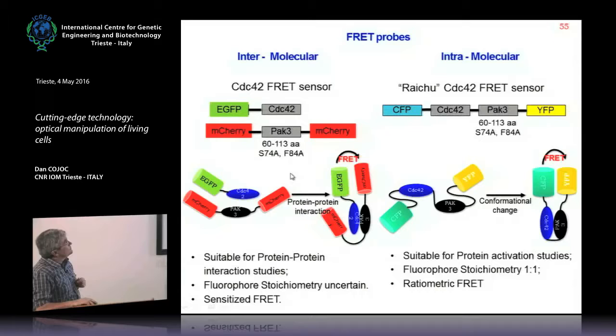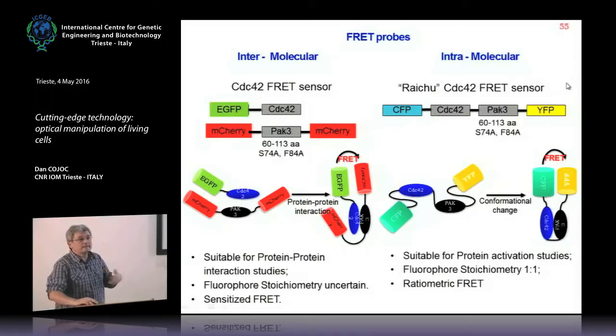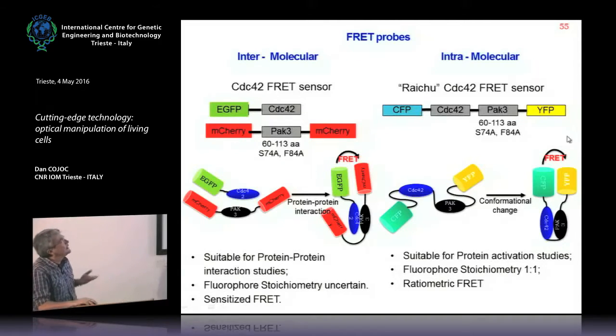Actually, the results that I show you are with intermolecular only because we have big difficulties with intramolecular in terms of toxicity and efficiency. Efficiency in transfection means that you have a good percentage of transfected cells, but they should also be alive, like they should be. We had problems, and now it seems that it works.